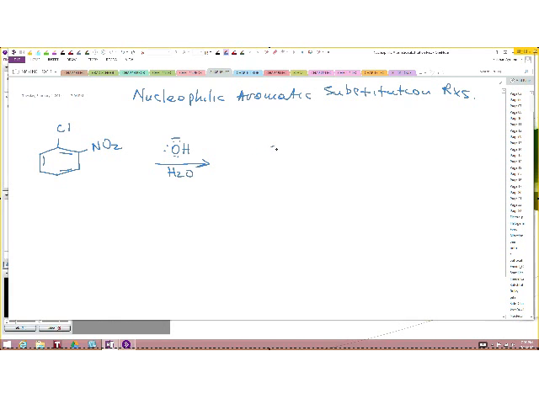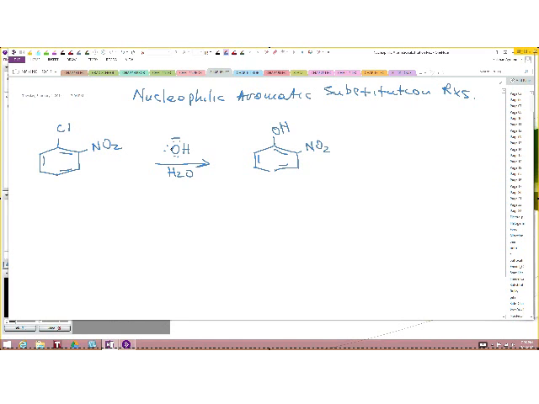What happens here? You could replace the leaving group, in this case the chlorine atom, with your nucleophile.